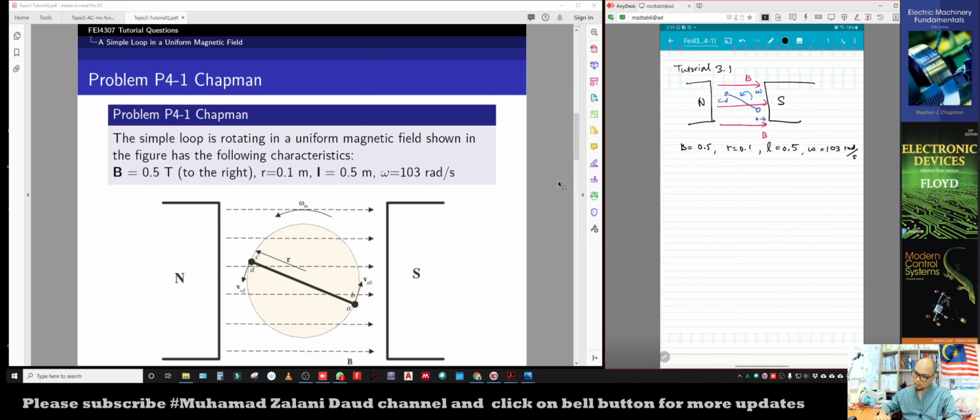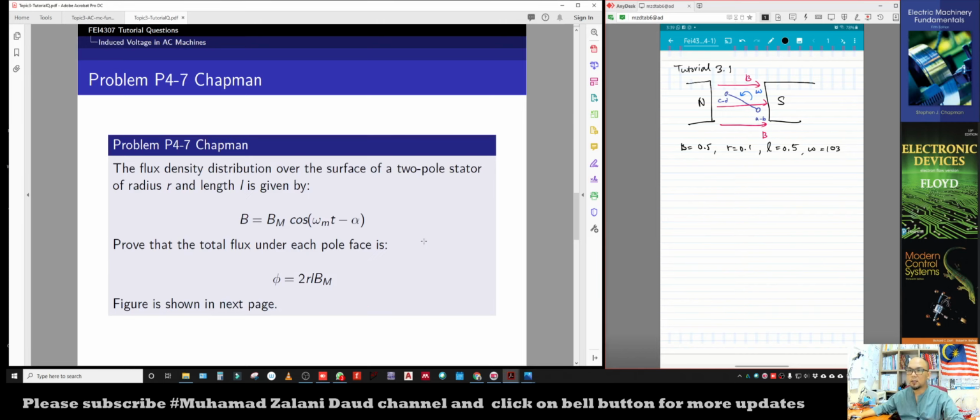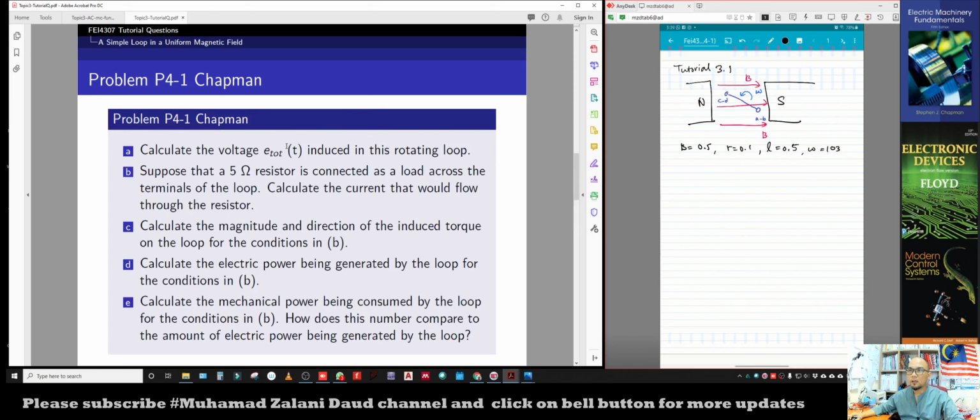Let me just ignore the units here since they are already given in the question. All of the values are given, and we want to calculate e_ind.